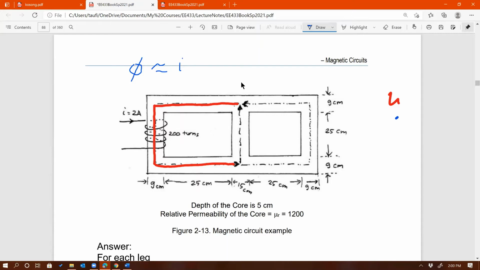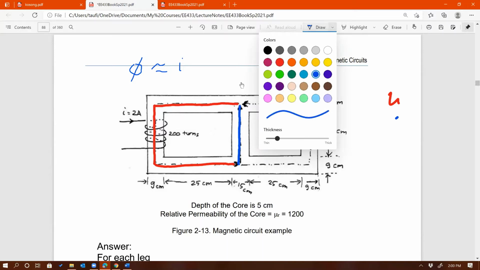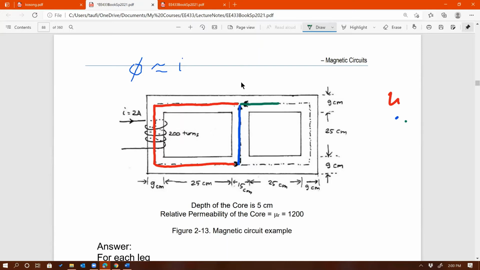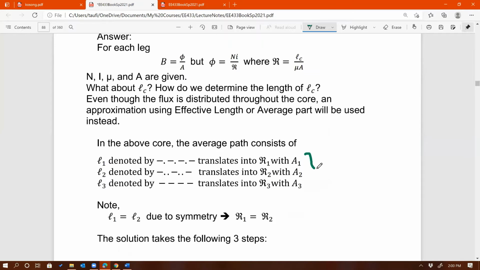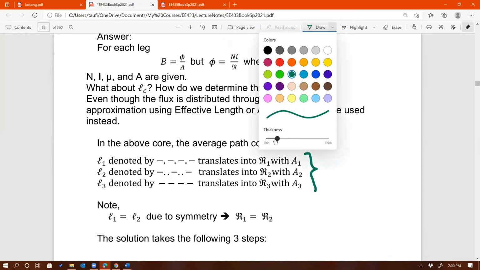Then the one in the middle right there, that's the second segment, is going to have its own reluctance, and the third one is going to be another reluctance. That's this last segment right here. So I should have 3 reluctances representing those 3 segments. That's what I have right here.